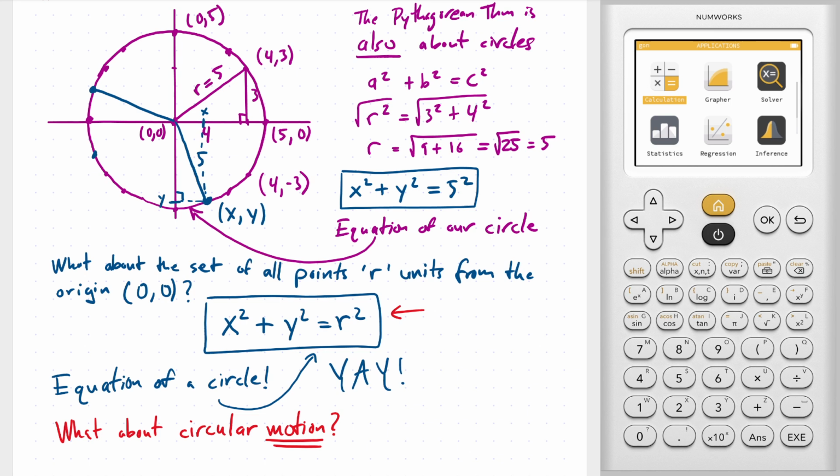It doesn't tell me about something moving in a circle. So in order to describe circular motion, we need to parameterize the circle. Okay, so that's a static equation. We'll need to parameterize the circle to make it more dynamic.